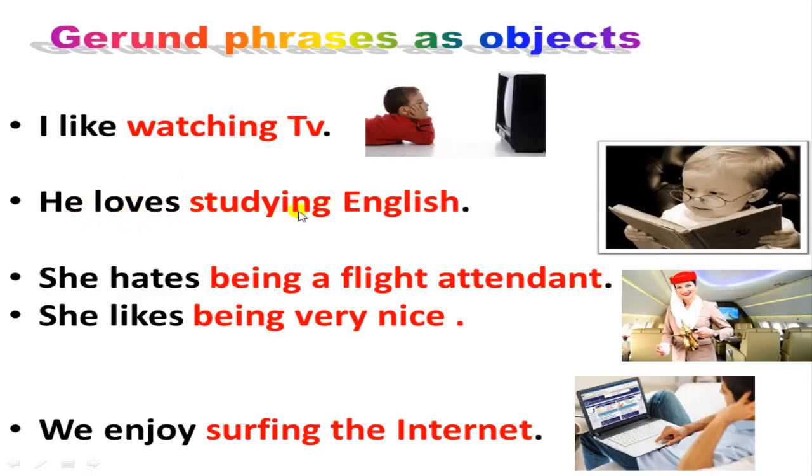So this is gerund, verb plus ing, plus, of course, a noun, and all of this is object. Here you see a baby and he's reading a book, he's wearing glasses, so he loves studying English.